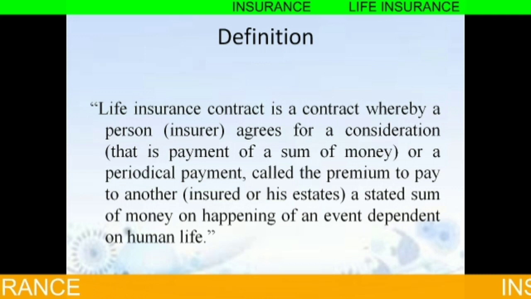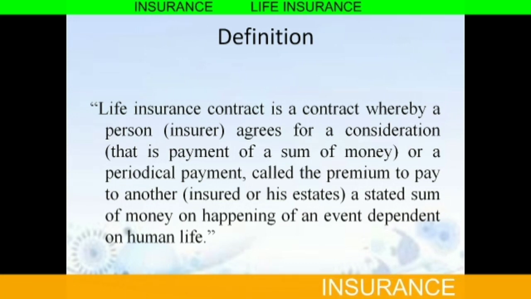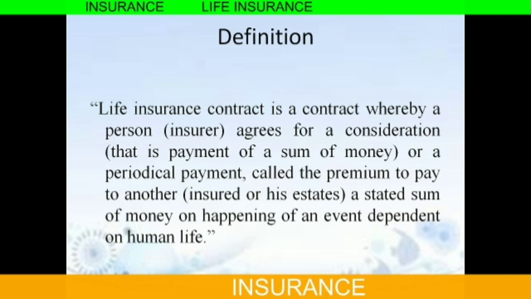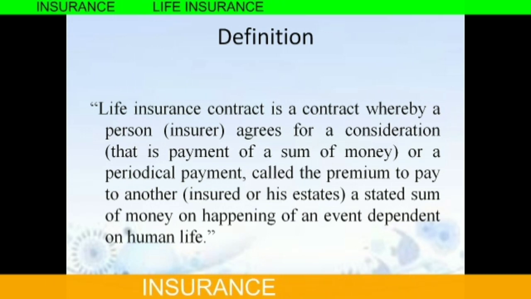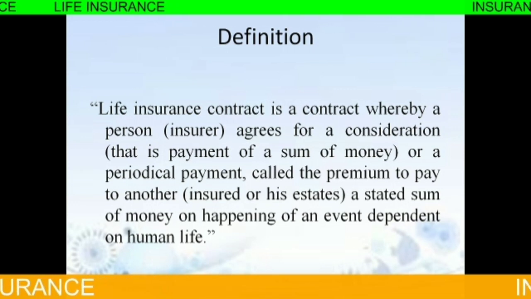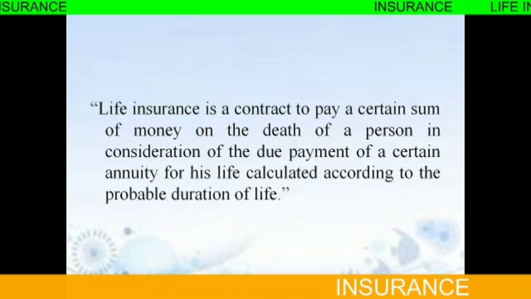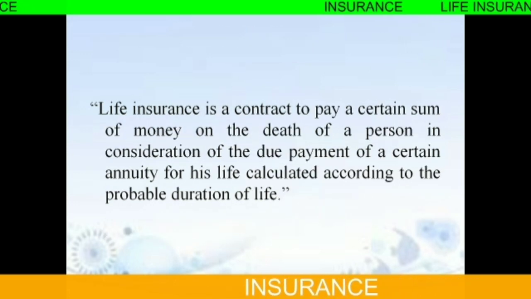So this is a situation of life insurance. It will be an insurer insuring a certain amount with an insurance company that is payable. When something happens to that particular person, the insurance company will pay the amount of claim.